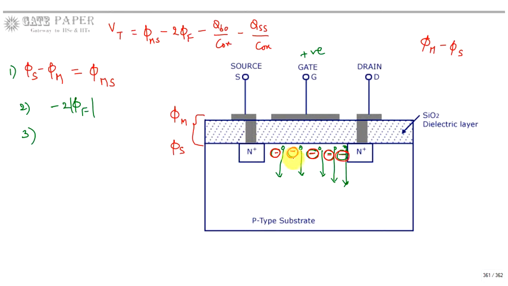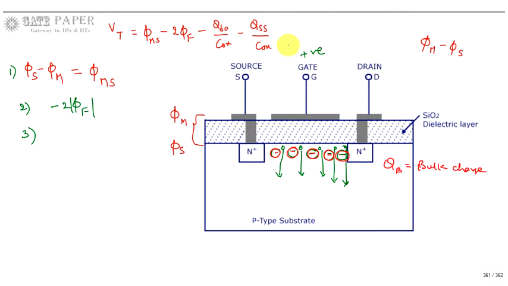This ion charge we are going to call the bulk charge. Bulk charge is nothing but QB, or Q small b also you can use. Q represents the charge, B represents bulk. Since the p-type substrate is also called the bulk, the charge in the bulk is called bulk charge.